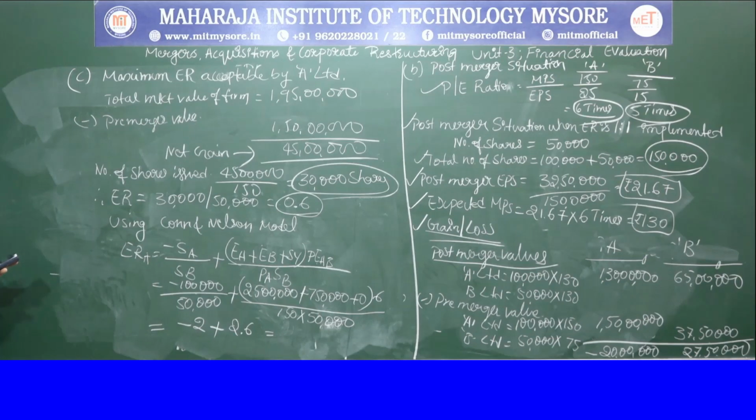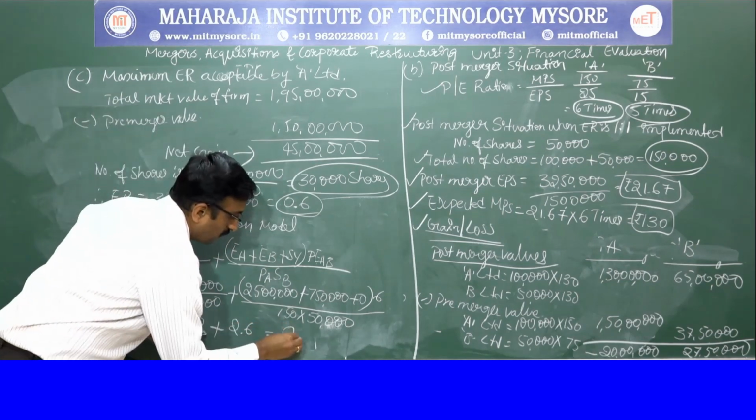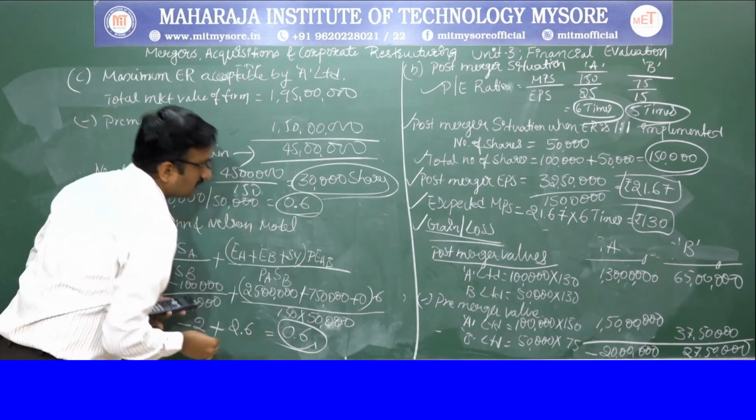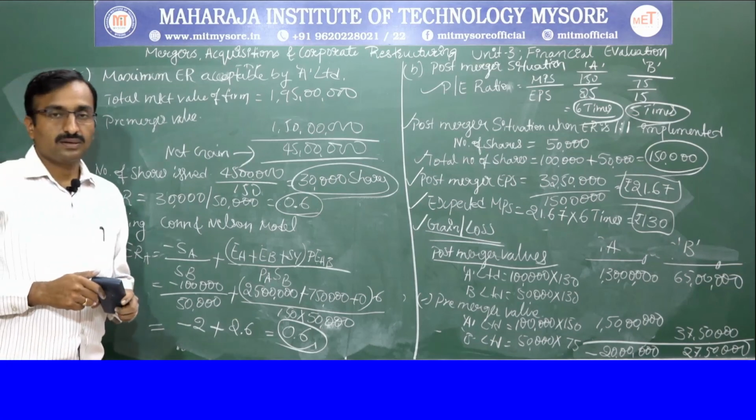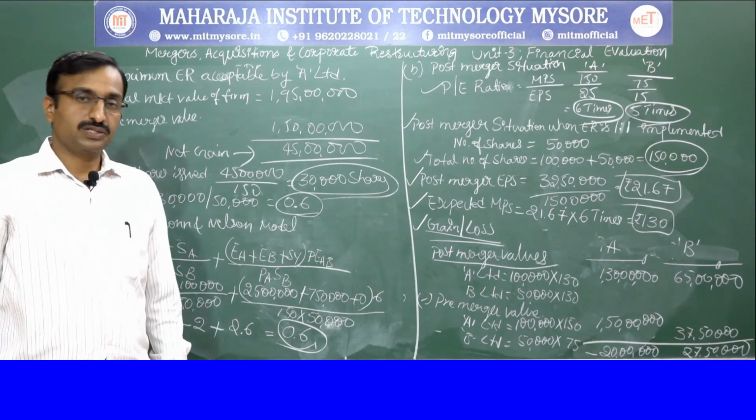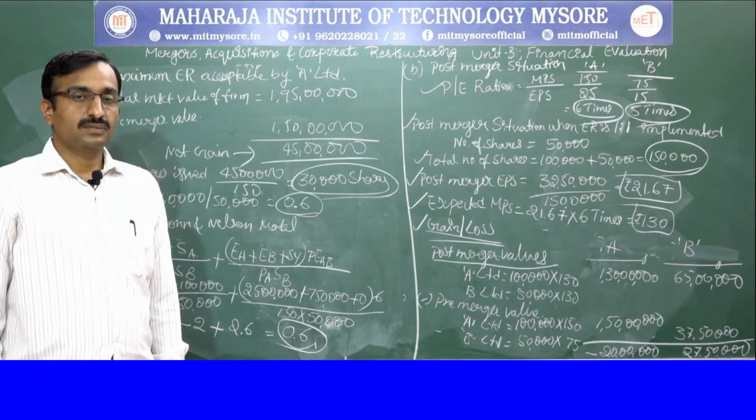So minus 2 plus 2.6, if you do, you will get 0.6. The maximum ER we can offer is also 0.6. So the maximum ER accepted by A Limited is 0.6. This is how we solve the problem. Okay. Hope you understood. Thank you.